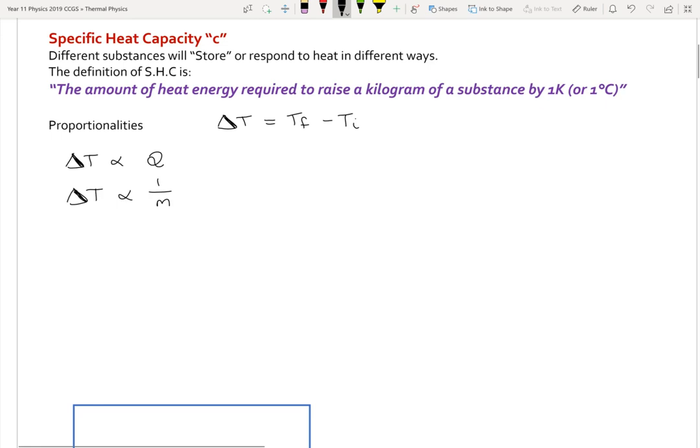Let's put down Q is heat measured in joules, m is mass measured in kilograms. Have a think. If you gave some heat to a mass, you're looking at the number of particles. If you double the mass, you're sharing that heat amongst twice the number of particles. Each particle receives half if we double the mass.